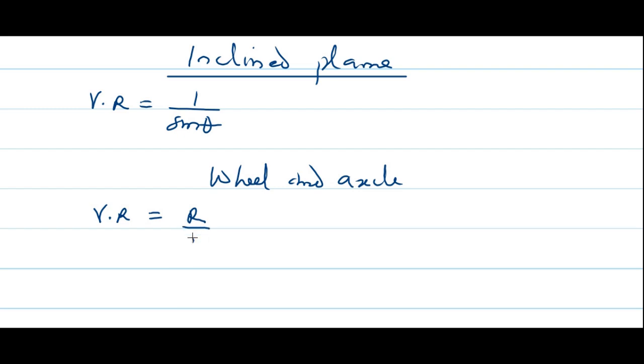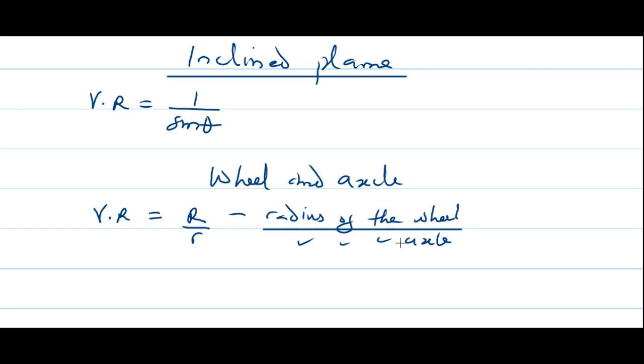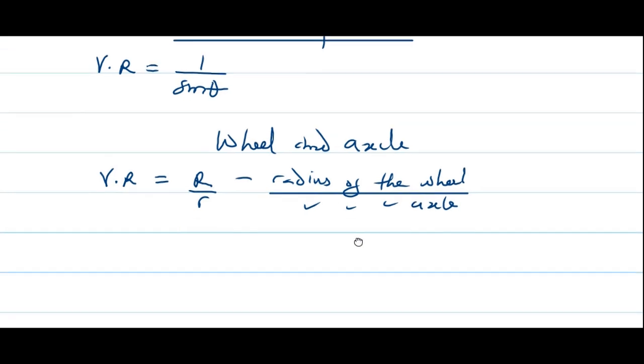That will be R over r, the radius of the wheel over the radius of the axle. This is very important.